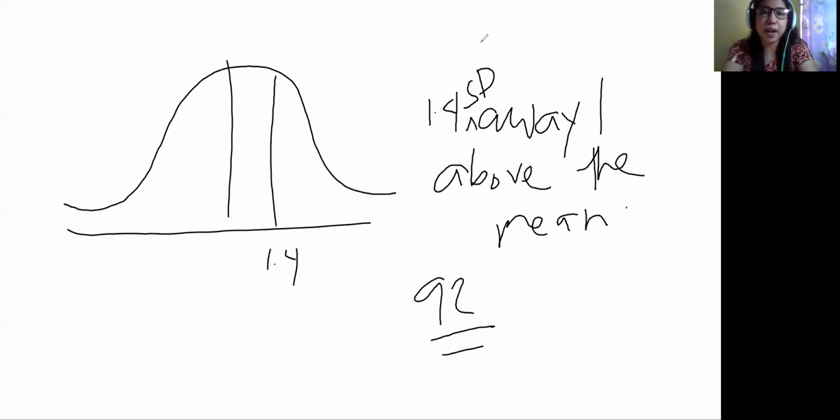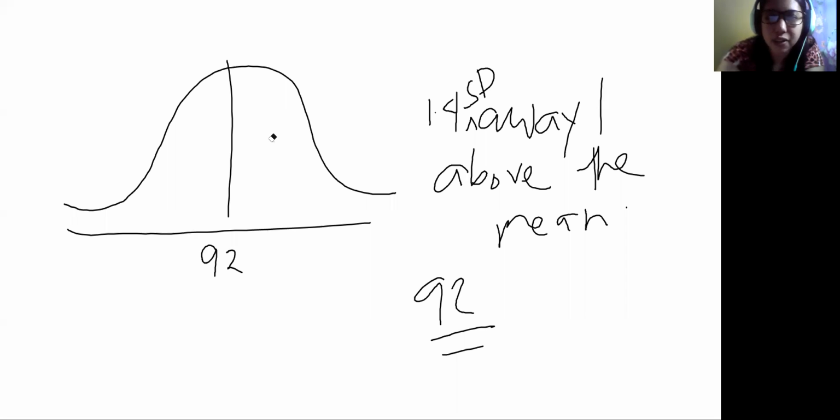Because, for example, using our data here, we have 92. To compute the values of the score in standard deviations, you are actually adding the standard deviation. In our given, the standard deviation is 5.